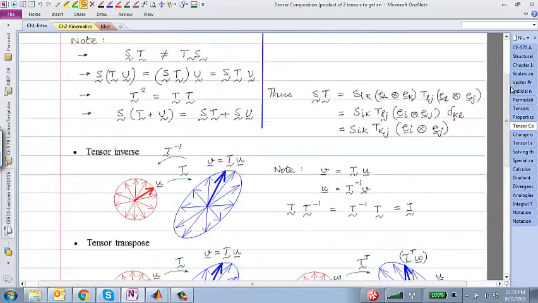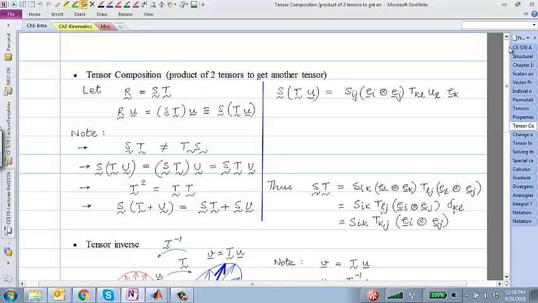So let's see. We don't have a lot of time left, but it might be just enough to cover a couple more properties of tensors. There is something called a tensor composition, which means what I've been talking about up until now: a tensor T acts on a vector u to give you another vector v.